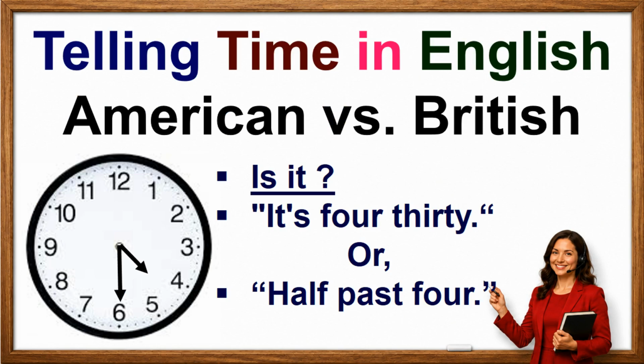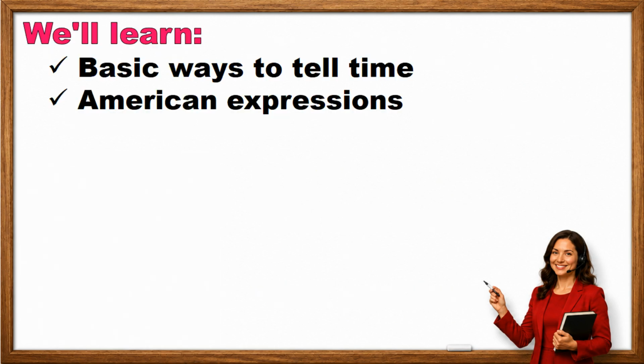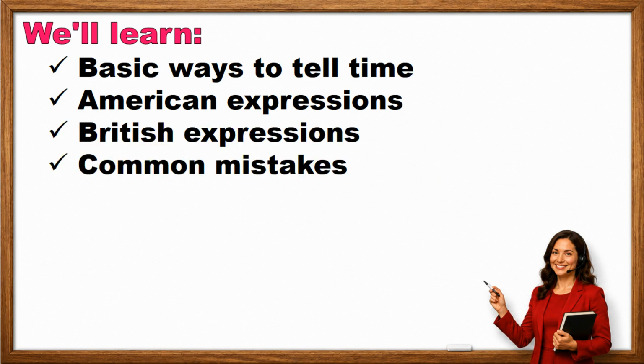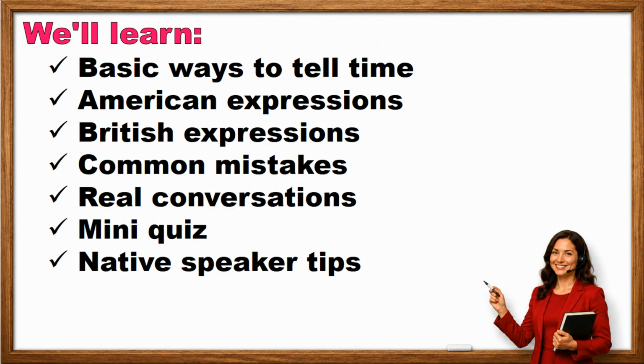The good news? By the end of this lesson, you'll understand both systems like a native speaker. We'll learn basic ways to tell time, American expressions, British expressions, common mistakes, real conversations, a mini quiz, and native speaker tips. Let's begin.